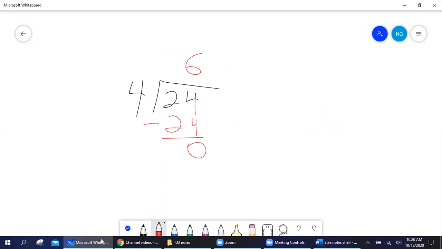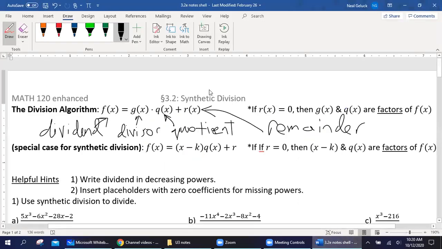That tells me that 4 is a factor of 24, and 6 is also a factor of 24. That's all this is saying. It's just saying it in polynomial form, more of an algebra way of saying it.